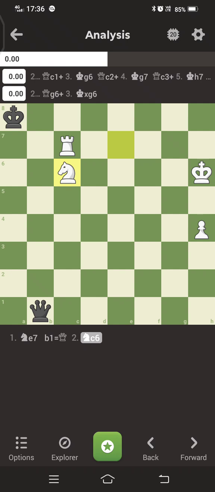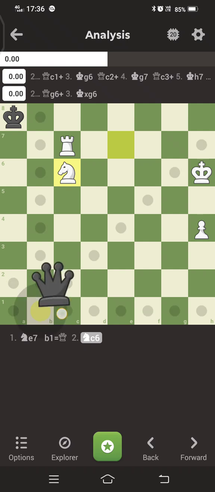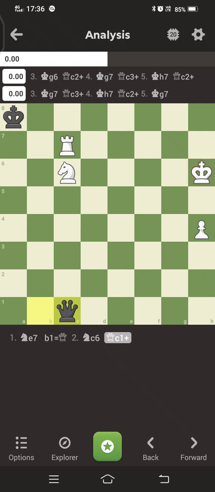But there is a thing black can do, that is check the exposed white king. You can move the queen here and give check.